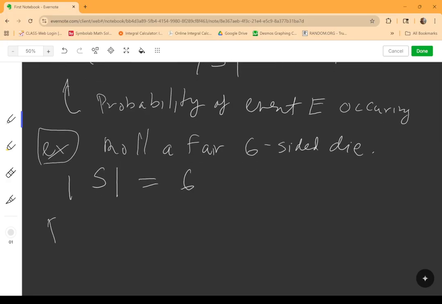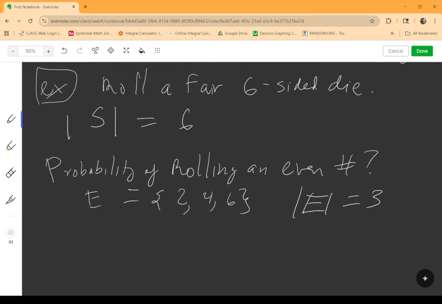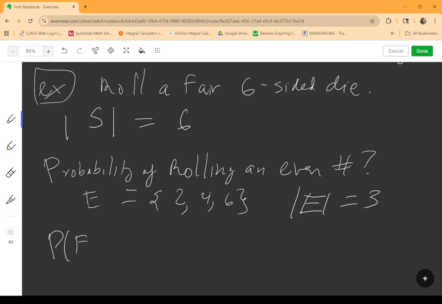Now what is the probability of rolling an even number? As we saw, E consisted of the numbers 2, 4, and 6, so the size of E is 3. So the probability of E is 3 over 6, or 1/2.